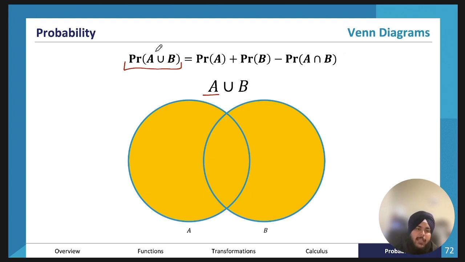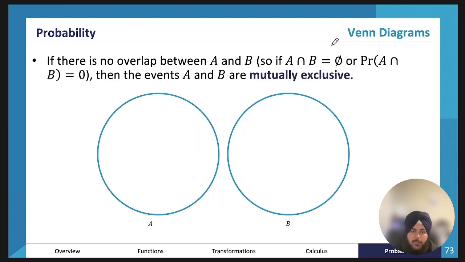This formula can allow you to determine probability A or B, or probability A and B, if you are given the rest of the values. It's a really powerful formula that's usually given in your formula sheets, but otherwise you do definitely need to know how to use and apply this formula.